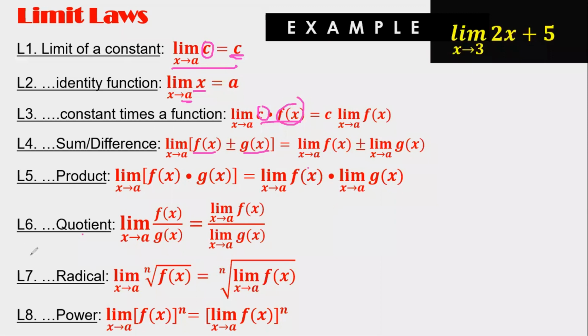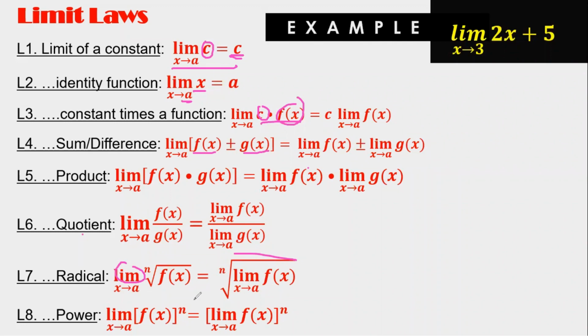Now, limit of a quotient, again we will just be writing limit in the numerator and denominator to apply this limit law. Then for L7, the radicals, we will just put the limit inside the radical sign, in the radicand.